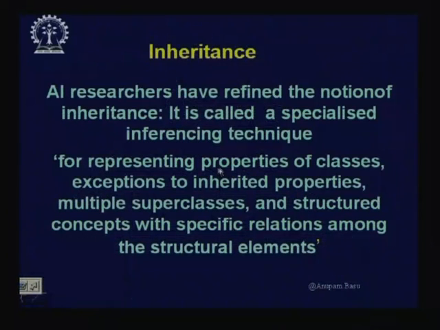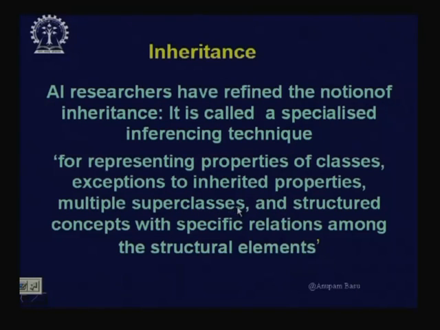We want to represent properties of classes and exceptions to inherited properties. Sometimes the mechanism of inheritance will also allow us to make exceptions to the inherited properties, because all the properties that are there in the class may not be there in the subclass. It is also possible that one particular class will have multiple parents.